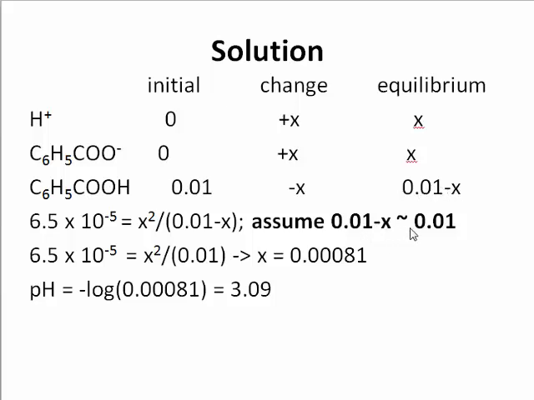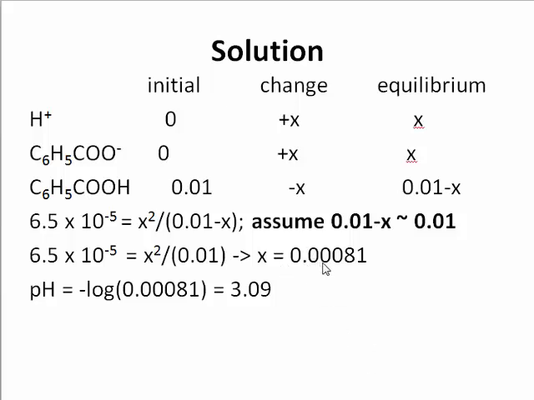If we assume 0.01 minus X is roughly 0.01, then 6.5 times 10 to the negative 5 equals X squared over 0.01 minus X. That simplifies to 6.5 times 10 to the negative 5 equals X squared over 0.01.